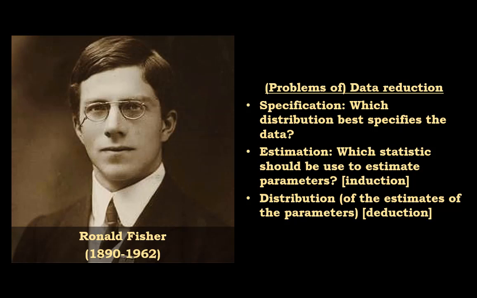And the third problem of data reduction is the problem of distribution, which is a bit confusing, because we talked about distribution when we talked about specification. In this case, Fisher is referring to the deductive part of this.